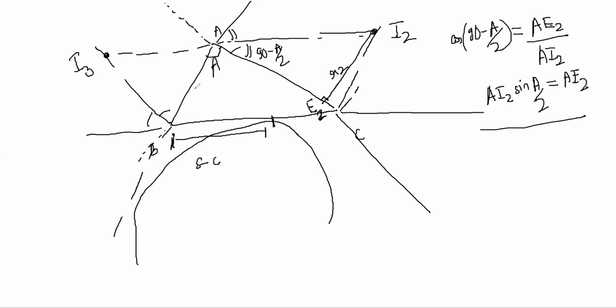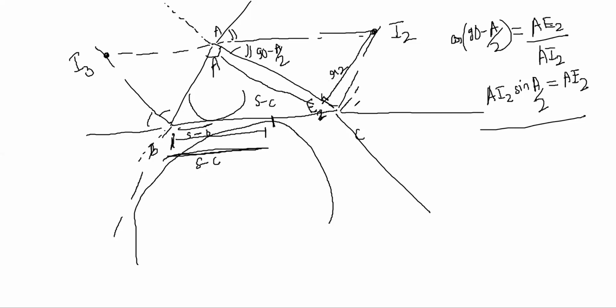So when it was in circle and this was touching here, this distance was S minus B. And when it was X circle, this distance was S minus C, right? So this distance will be S minus A, no? You understand? The X circle is touching here, right?